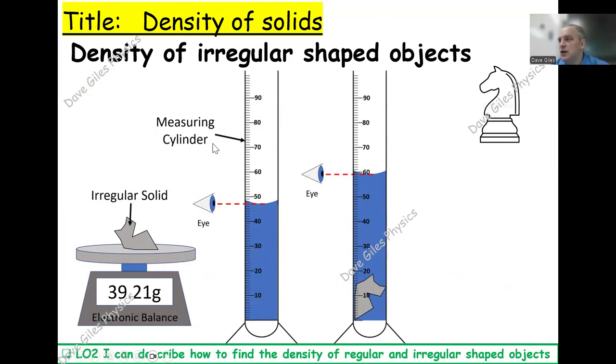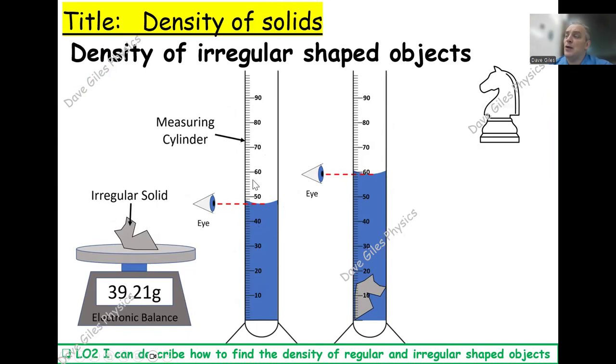Anyway, after you've weighed it, get a measuring cylinder and record the initial volume of the water. Remember, always measure from the bottom of the meniscus we talked about in the last lesson. And it looks like this one here, I'm looking a bit closely, is initially on 48 centimeters cubed.